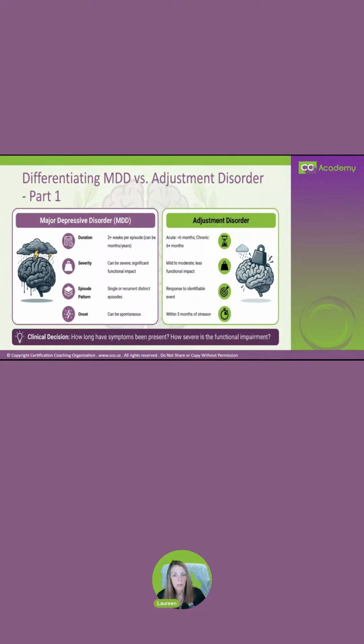So when you're trying to make this clinical decision, ask yourself, not that coders are making a clinical decision, but you know what I'm saying, how long have the symptoms been present? How severe is the functional impairment? Those 2 questions are going to be important. And if you don't have that information, you need to query the physician so you can get the accurate information. And by the way, when you've queried the physician, hopefully they're documenting it, because you still can't code from what they said. You need it documented.